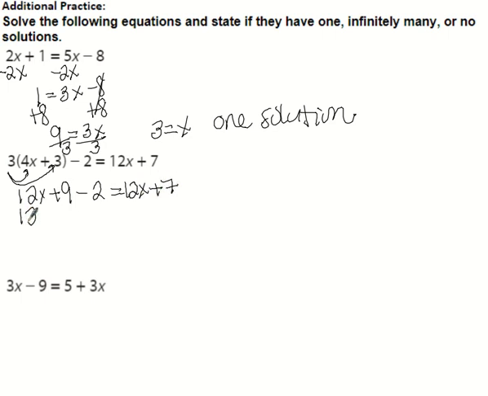So 12x, 9 take away 2 is plus 7 equals 12x plus 7. Now, some of you could stop here and know that it would be infinitely many solutions because the left equals exactly the right, or the right equals exactly the left. These are exactly equal. Now, most of the time, though, you're going to be asked to fully remove and get 7 equals 7.